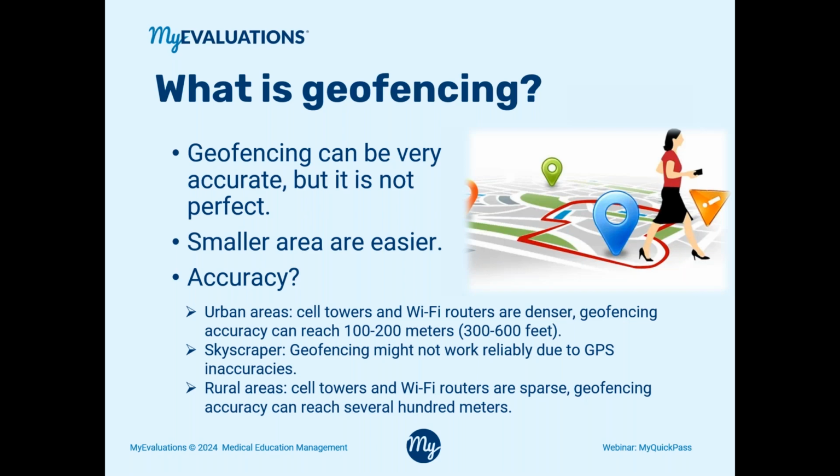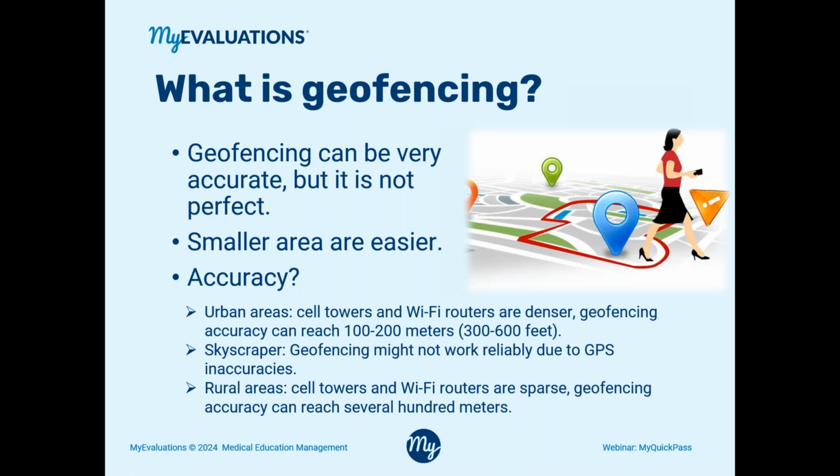If the locations you're setting up are in urban areas where cell towers and Wi-Fi routers are denser, then geofencing is going to be a bit more accurate. When I say accurate, in terms of the sensitivity of what it will pick up, whether you're inside or outside of that geofence, it's about 100 to 200 meters in terms of what the technology does.